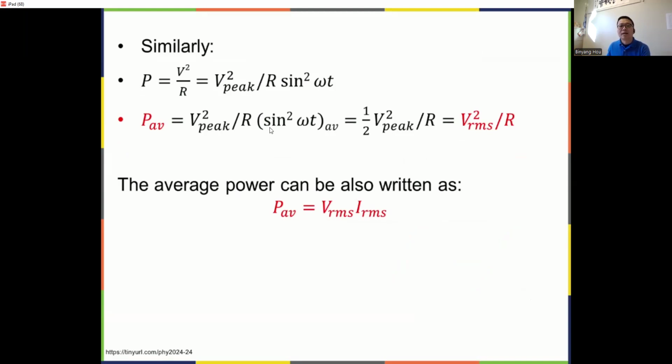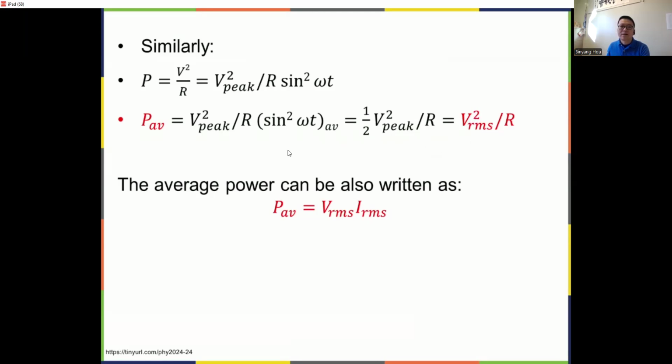So the average power will be 1/2 V peak squared over R, and again, half of the peak squared quantity equals the root mean square of that quantity squared. So the average power, using RMS voltage, will be voltage squared over R.